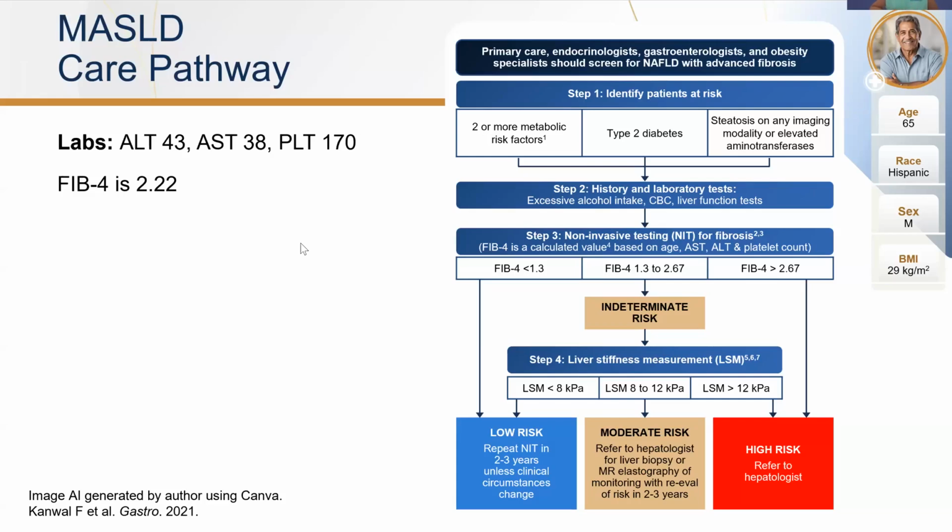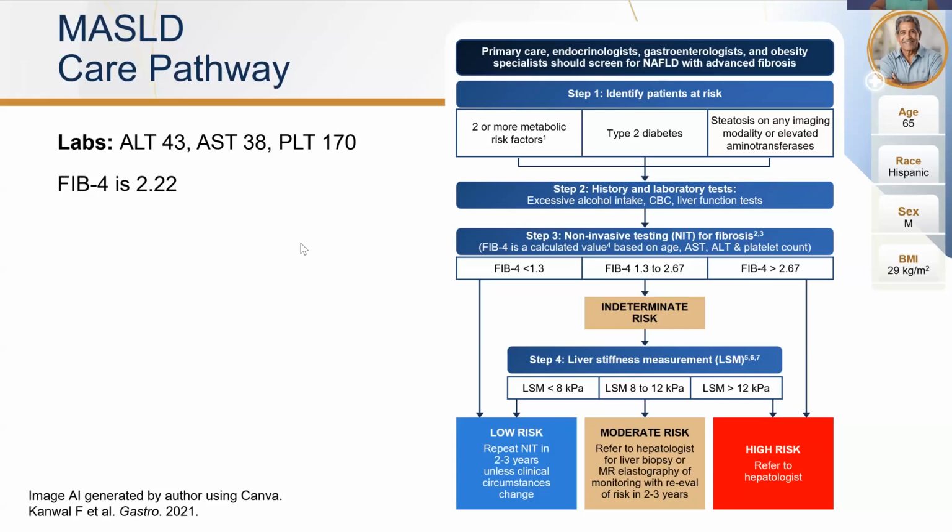If their FIB4 score is somewhere within the range that I just mentioned, that may determine whether or not the patient is at elevated risk of advanced fibrosis. If not, we just repeat their non-invasive testing in 2 to 3 years unless the hemoglobin A1C becomes significantly dysfunctional and their diabetes is poorly controlled. Do they gain 50 pounds, etc.?